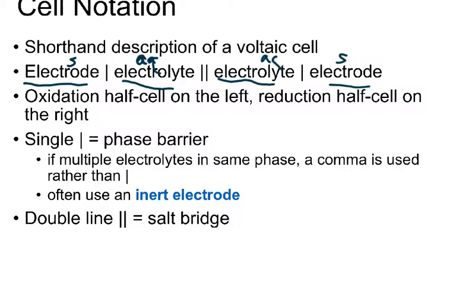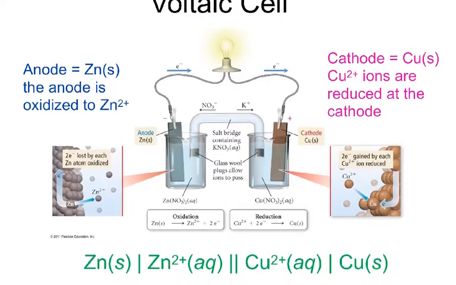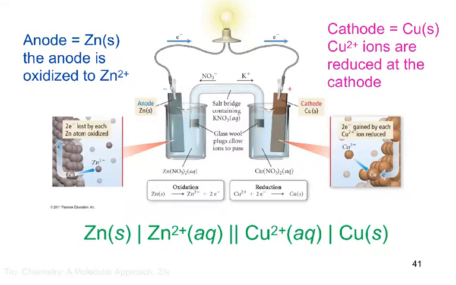And then if there are multiple electrolytes in the same phase, we use a comma instead of the straight line because they're in the same phase. And if that happens, we often use an inert electrode, like I mentioned earlier, that isn't participating in the reaction per se, but is capable of transferring electrons. And then the double line in the middle is the salt bridge. So if we look here, we can write our shorthand for our voltaic cell.